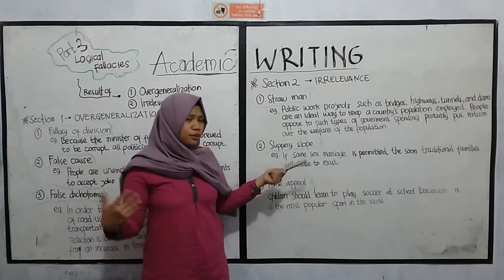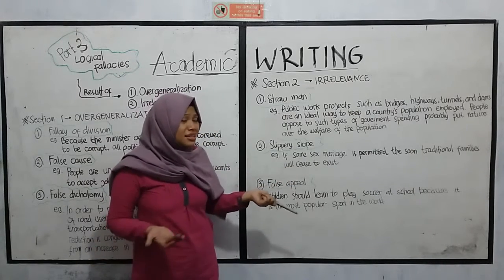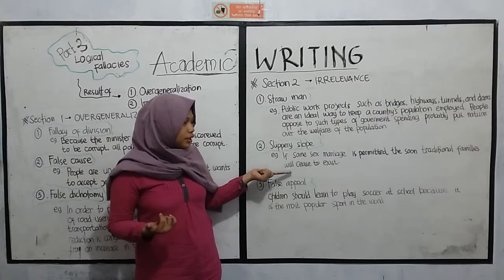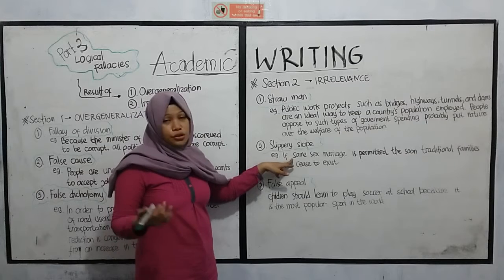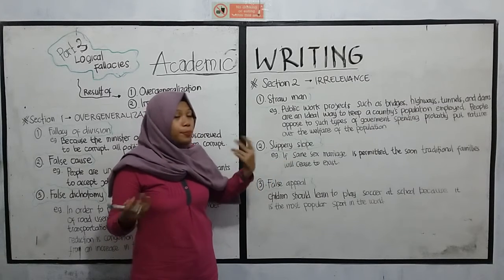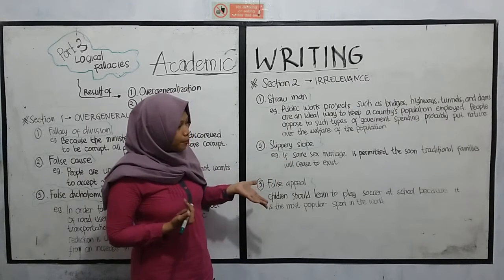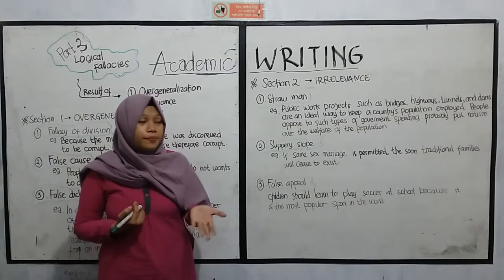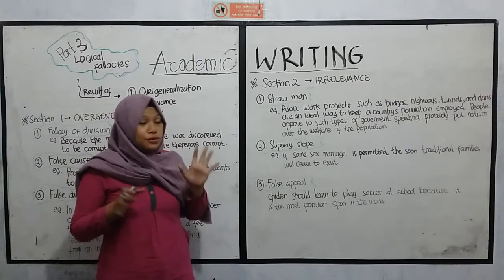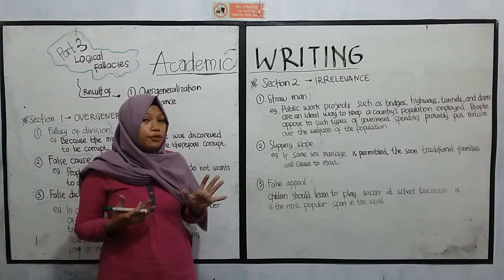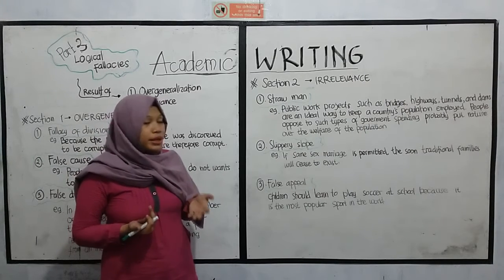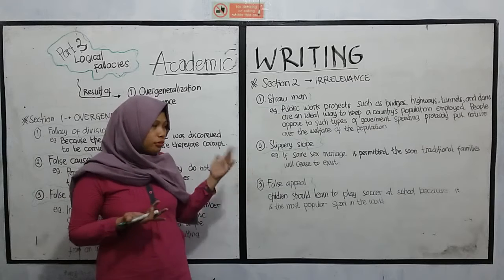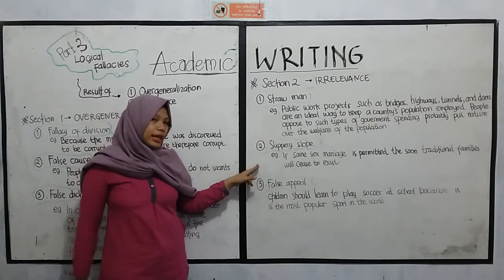Really? No, this is a logical fallacy. This is illogical also because there's no relation between allowing same-sex marriage and the disappearing of traditional families. So this is a logical fallacy.